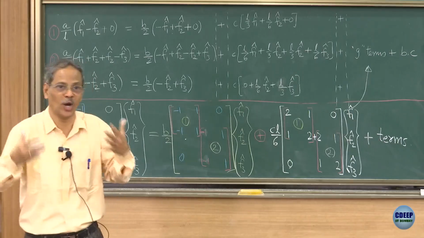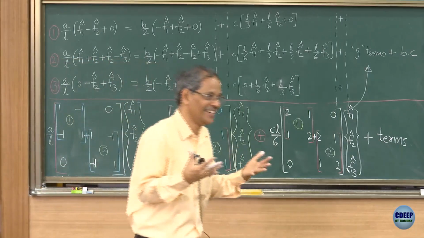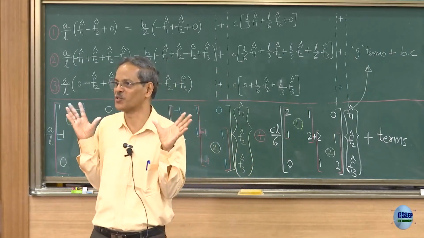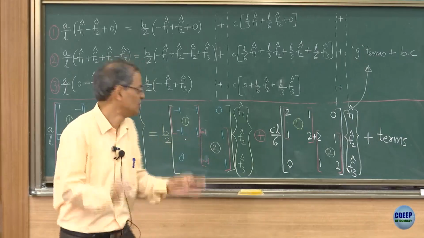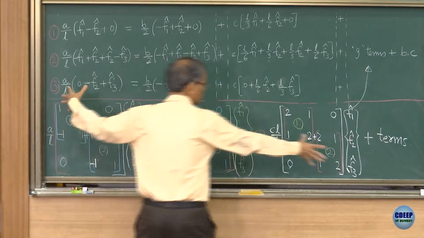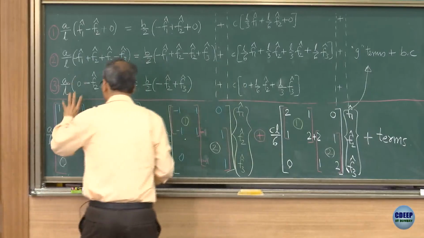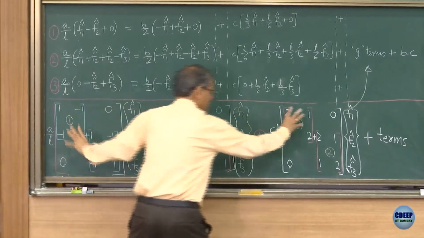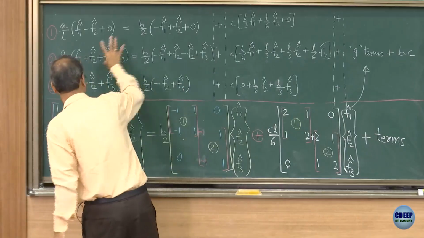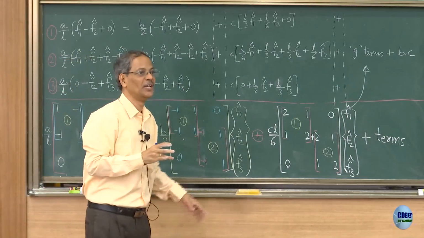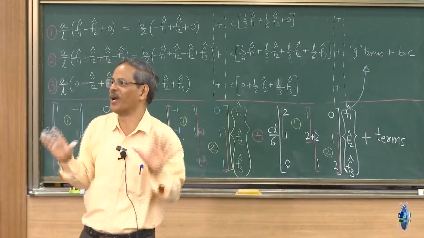So I want you to now think in terms of element level equations, element level matrices. This is the system level equation, system level matrices, but element level, you can think of these element level matrices in a small computer program.